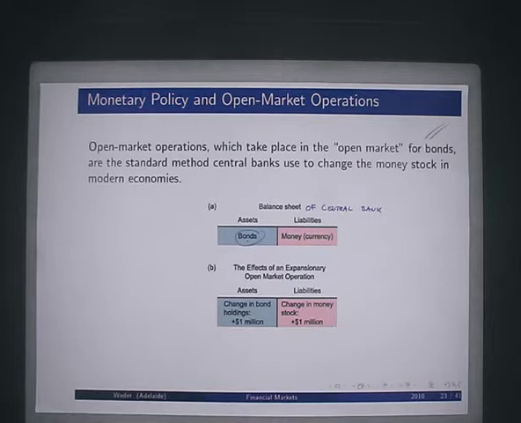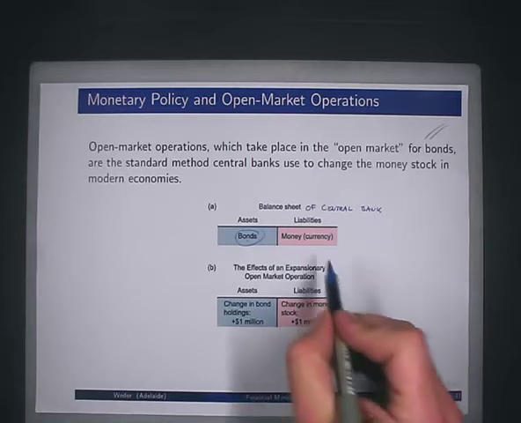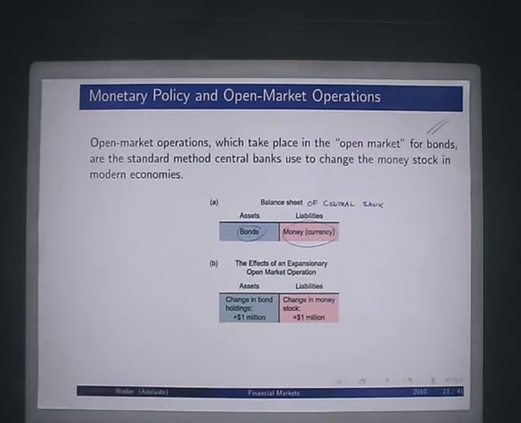But how did they buy these bonds? Well, they bought these bonds in the past, of course, by issuing money. Okay, so they have the power to, if they want to buy something, they just print more money, essentially. So the money that they have printed, it's the liabilities of these banks.